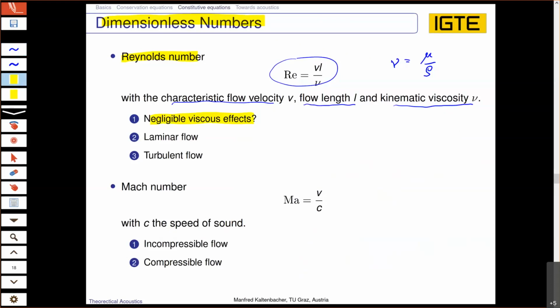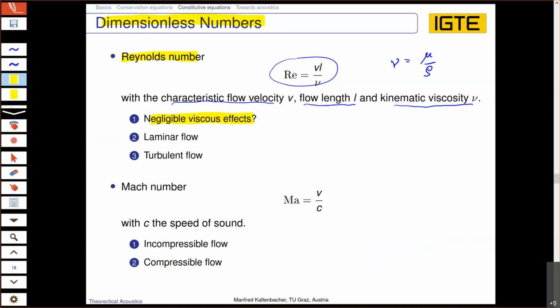It's clear because the Reynolds number is this ratio between the inertia and the viscous forces, and so these viscous forces can be neglected. They are in the denominator, and if they are small, you get a high Reynolds number.